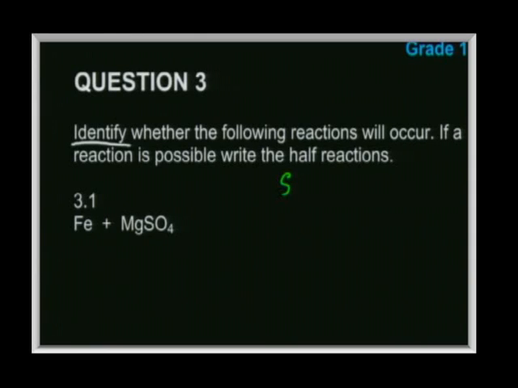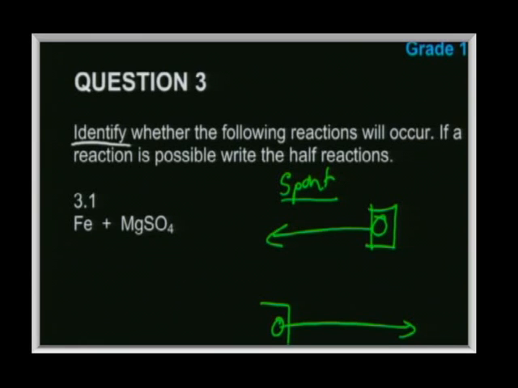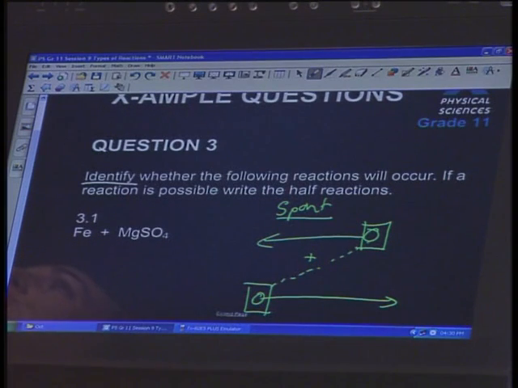If I have a spontaneous reaction and I find the half reactions on my chart, and I read the top reaction from the right-hand side to the left-hand side, and the bottom reaction from the left-hand side to the right-hand side, and I circle the element or the ion that I start off with, you will notice that if I connect these, it would give me a positive gradient. If I see such a positive gradient on my standard reduction potential chart, then I know that the reaction taking place between those two chemicals would be a spontaneous reaction.